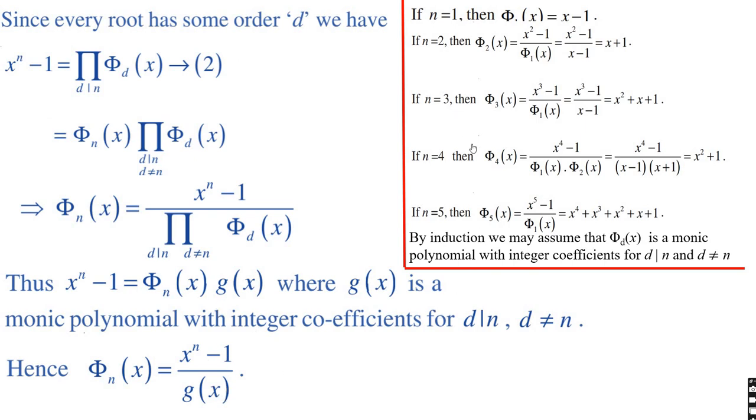Now here we are listing out the cyclotomic polynomials for n equal to 1, 2, 3 up to 5. So when you consider phi 1 of x, you have that to be just x minus 1. Phi 1 of x is just this, because d equals 1, d divides n.